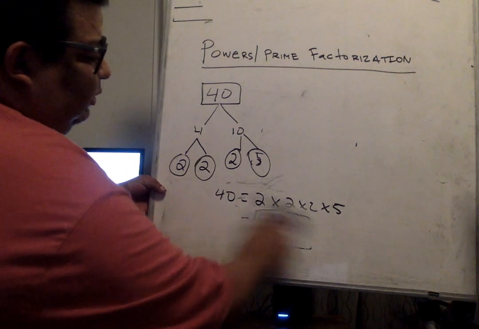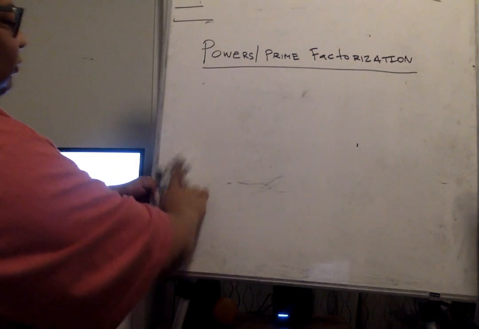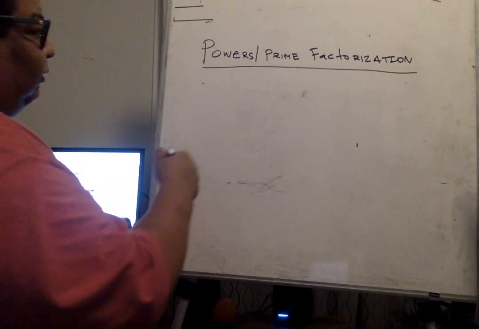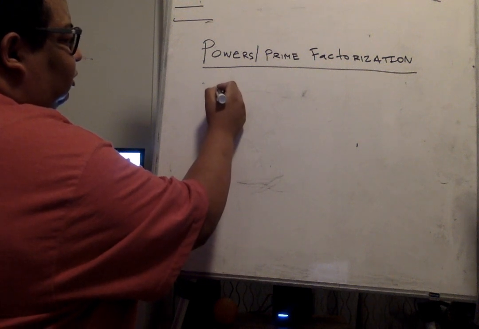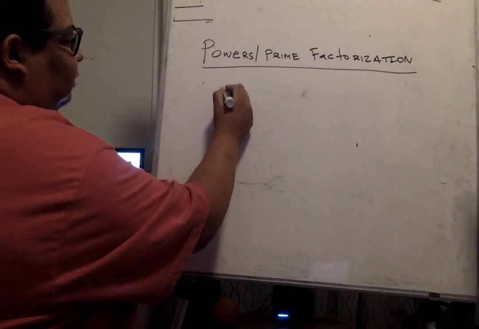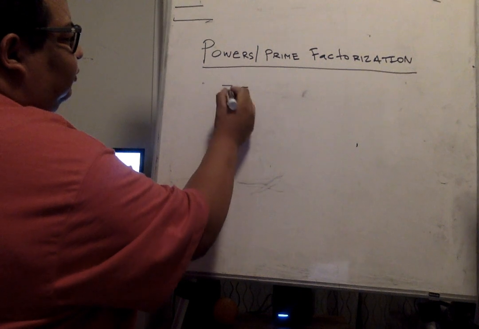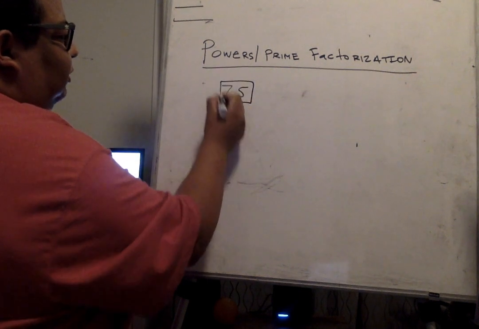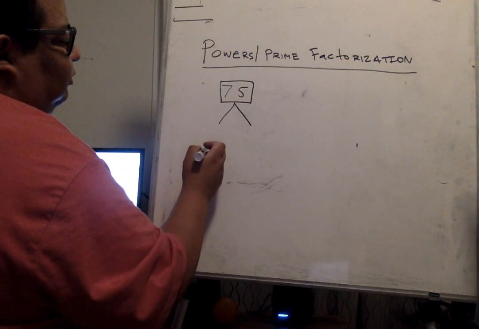So let's look at another example. For example, let's look at 75. So 75, draw a square, find two numbers that multiply together gives you 75.